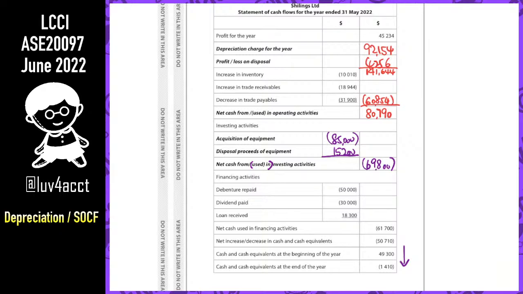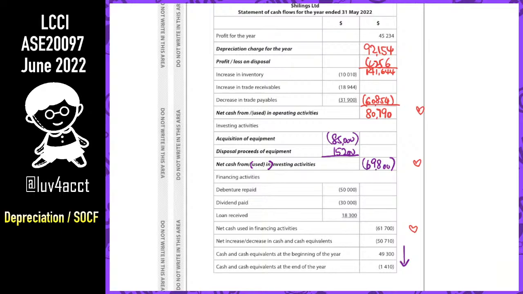Not good. So who used up the amount? When we have to interpret and analyze the statement of cash flows, we look at these three items: operating, investing, and also financing.